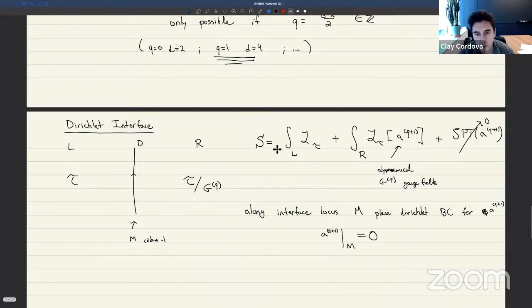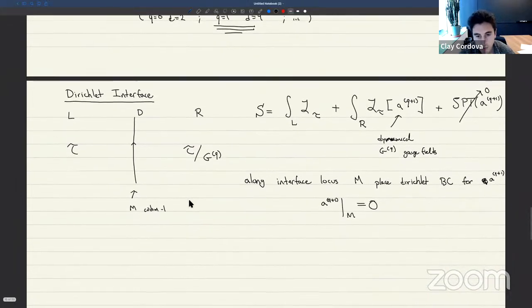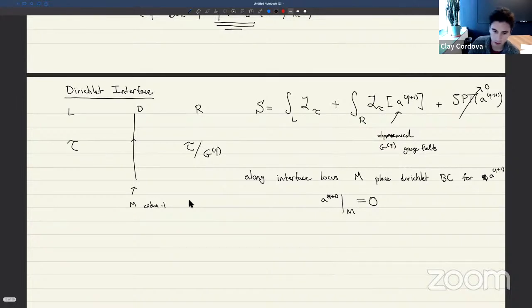For the additional fields, it's just transparent. The fields on the left are identified with those on the right, as they should be. Okay, so this is a topological interface. It's a topological interface because the Dirichlet interface is topological. Another way to say it is that the gauge field is flat.